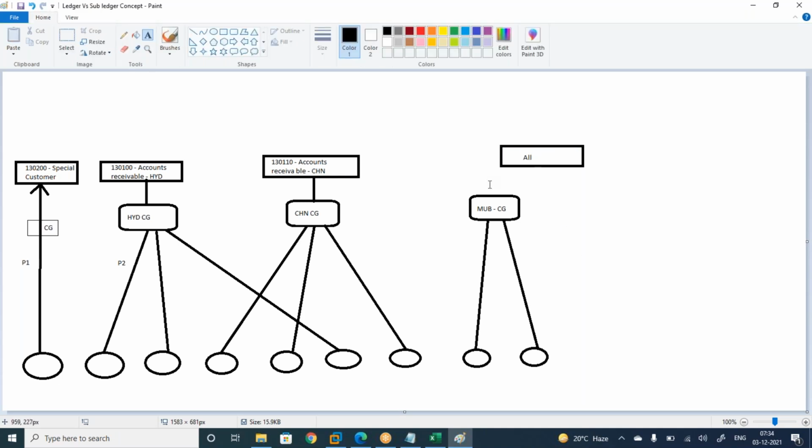If there is no linkage between these two, then it will be posted to this account directly.